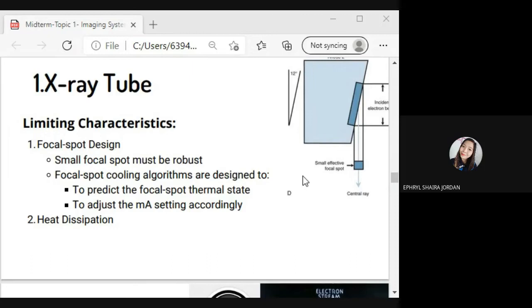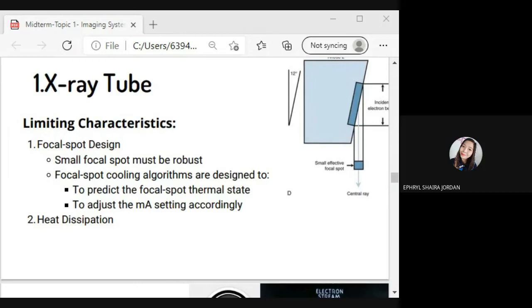Therefore, focal spot cooling algorithms happened. The purpose of this is to predict the focal spot thermal state, and when the thermal state is detected, the mA setting can be adjusted accordingly.